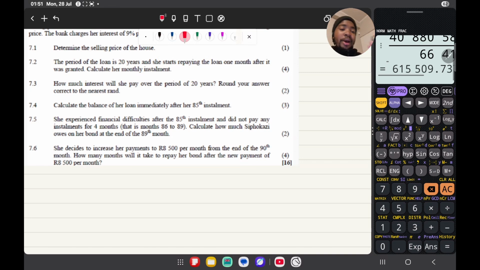Remember, after the 85th installment, after she made that 85th payment, she had this much remaining. And if she doesn't make any payment on the debt, this money is going to grow.